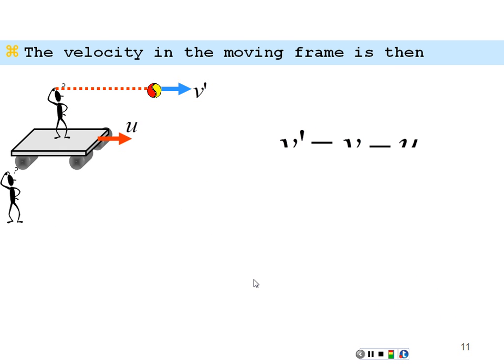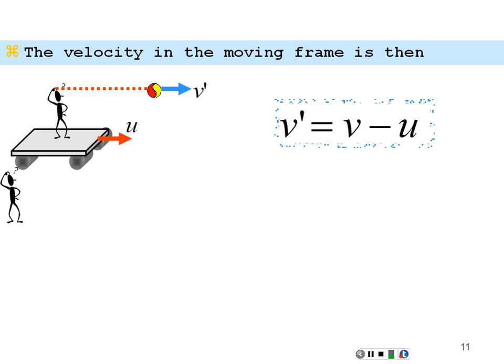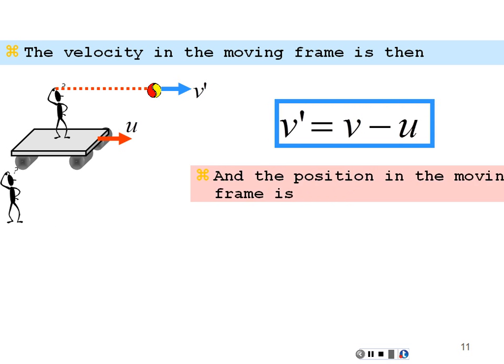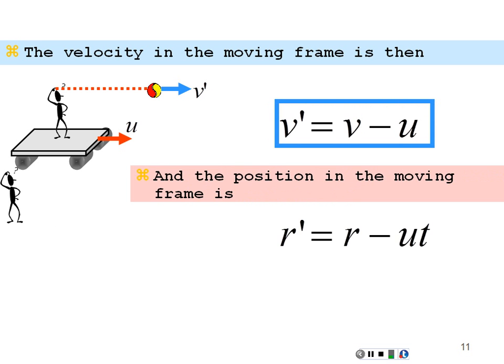So the velocity in the moving frame of reference would be equal to the velocity seen in the rest frame minus the velocity of the moving frame. So v prime will equal the true velocity in the inertial frame minus the velocity of the moving frame. And the position in the moving frame will be the position observed in the rest frame minus the velocity of the moving frame times time.